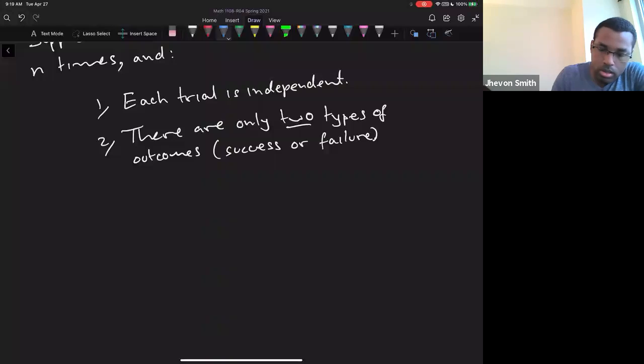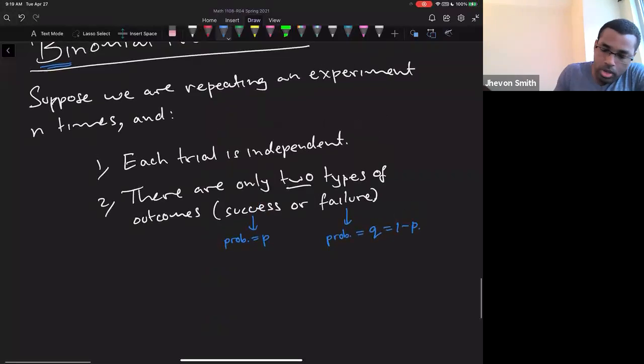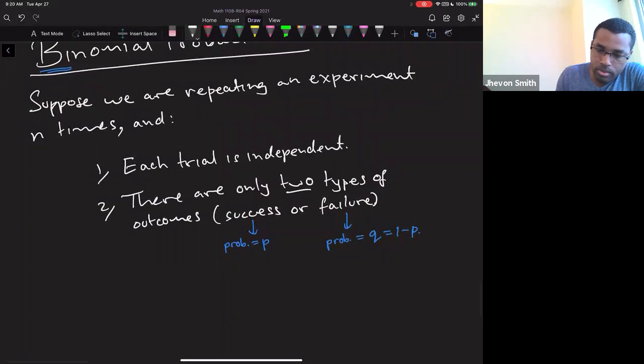And the probability of success equals P, and the probability of failure equals Q, which is 1 minus P. Of course, let me put this as a condition.